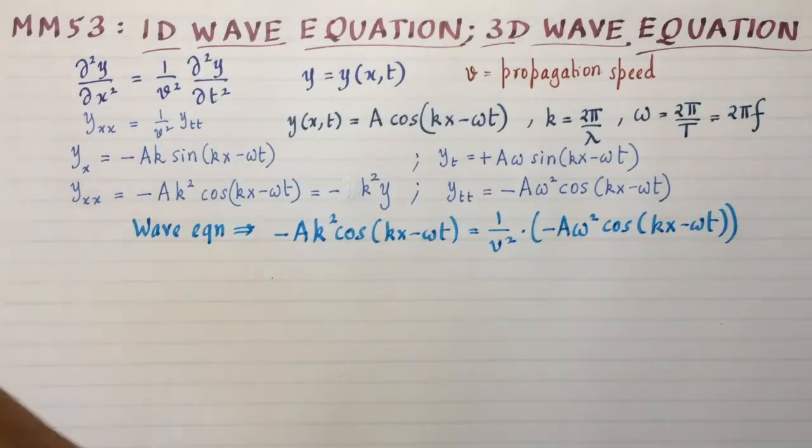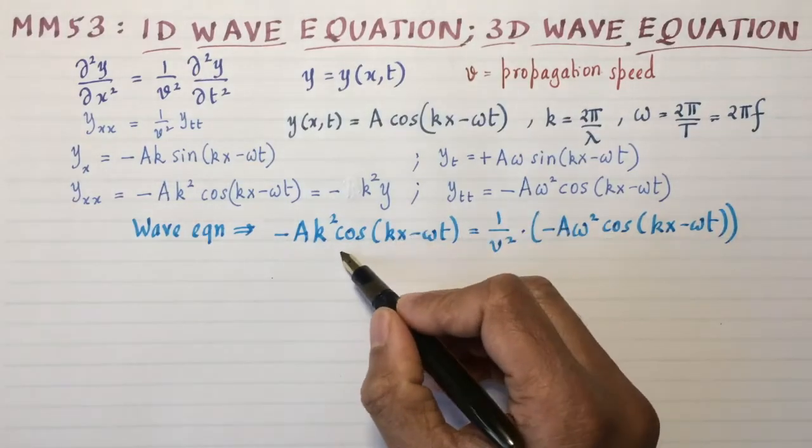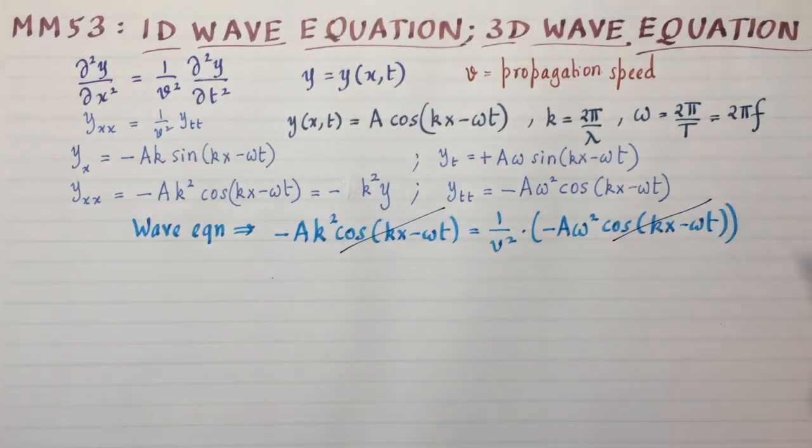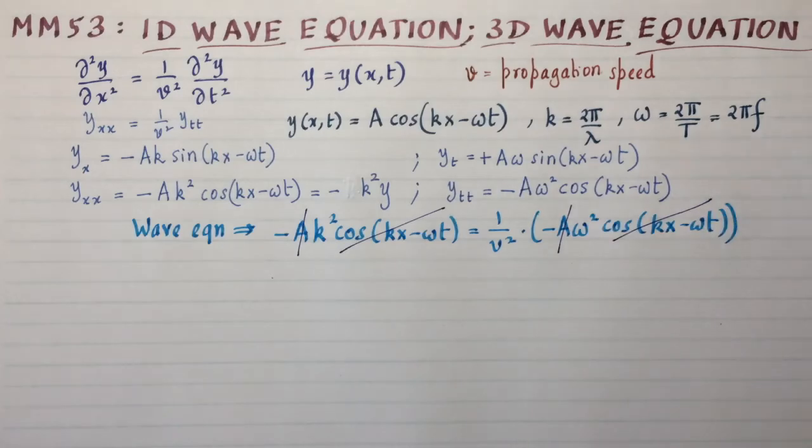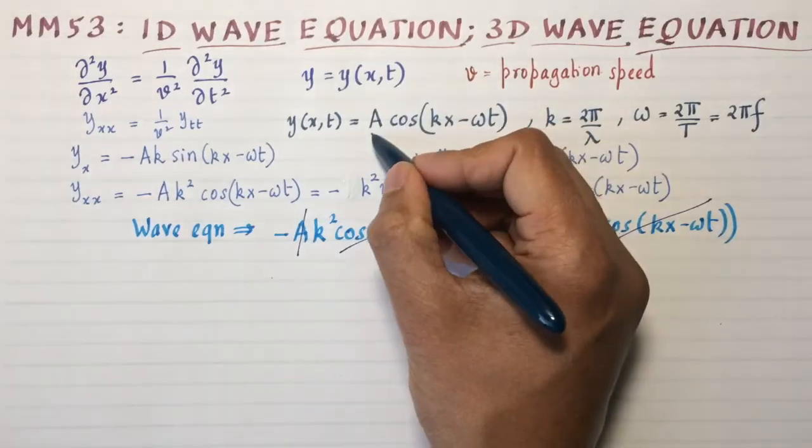Cosine kx minus omega t is not always 0. It is sometimes 0, but not always. So those can be cancelled out. Amplitude is never 0, so that can be cancelled out. A is called the amplitude of the wave. I suppose you know these things, but it's worth mentioning.